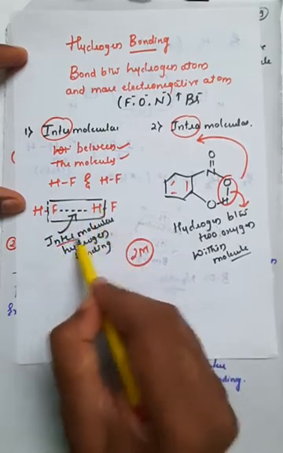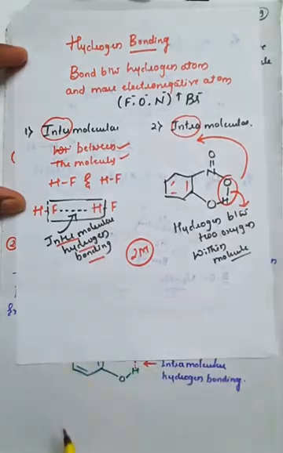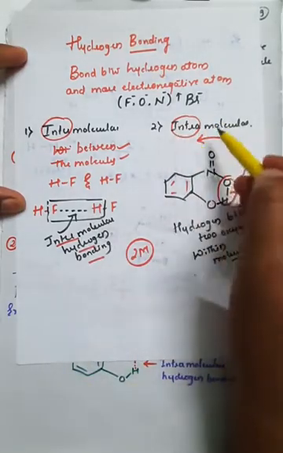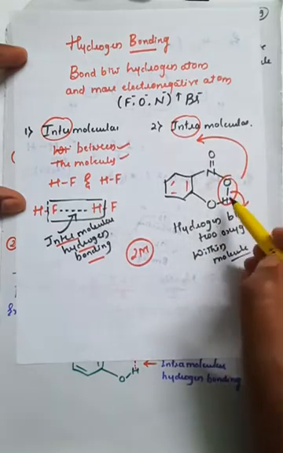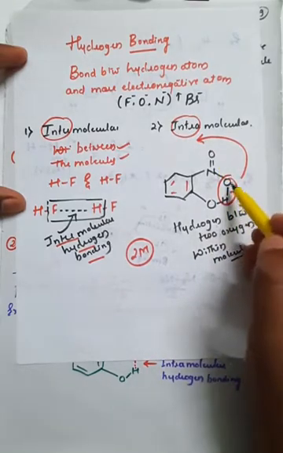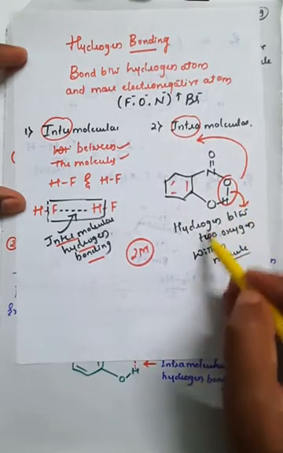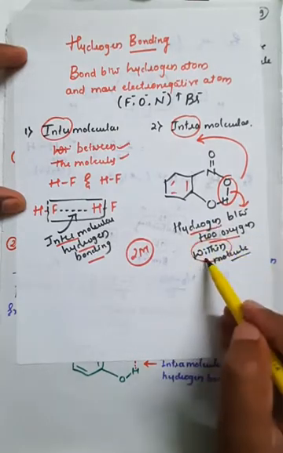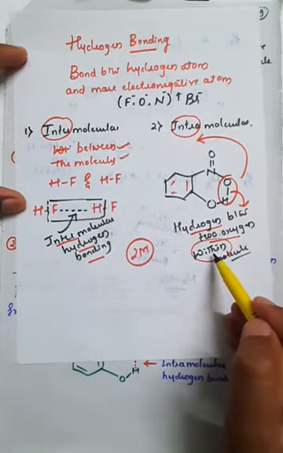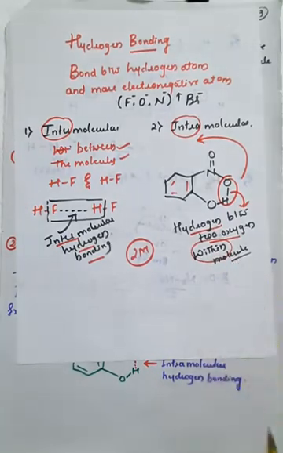That is called intermolecular hydrogen bonding. Intramolecular means there is only one molecule. Within the same molecule, there is a bond formation of hydrogen with a more electronegative oxygen, that is hydrogen between two oxygen atoms within the molecule. This word is very important, right? These are the two types of hydrogen bonding.